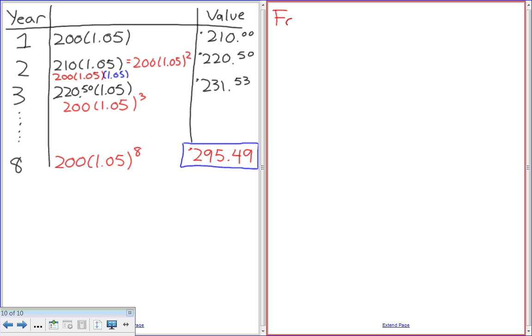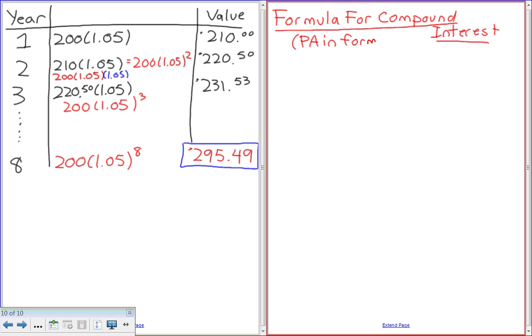This is the formula for compound interest, which I'm going to call the PAIN formula, because math is so painful. Not even one table. So here's my equation. A equals, nobody? All right, that's fine. A equals P(1 + i)^n.